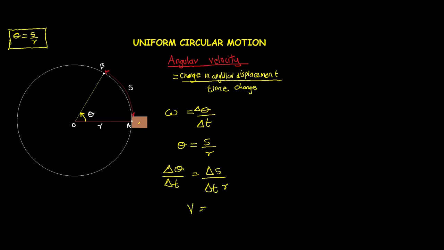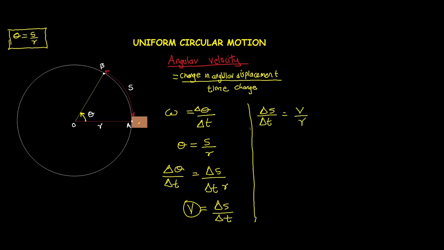We know that v is equal to the change in s against the change in t, because this is displacement and this is time. And this one can be represented with a v. So instead of putting the change in s against the change in t, we can just represent it with a v. The change in s, which is the displacement, divided by the change in t will be velocity, so it will be v divided by r.